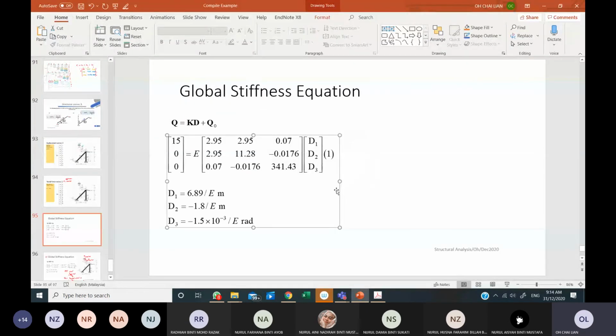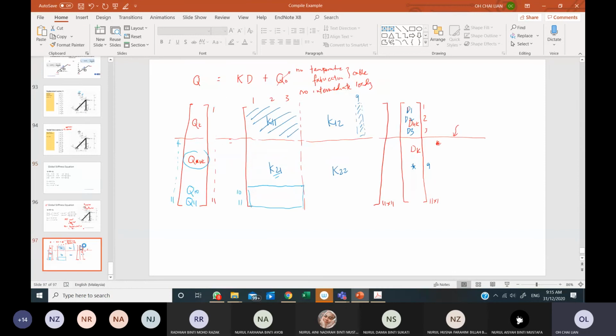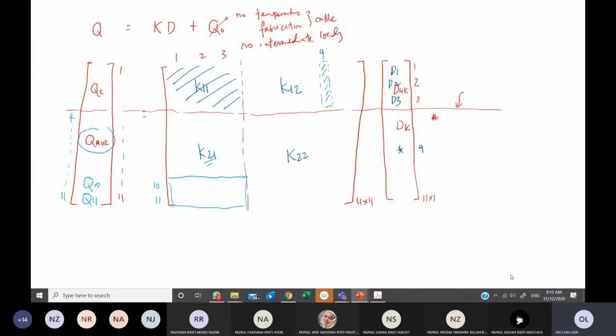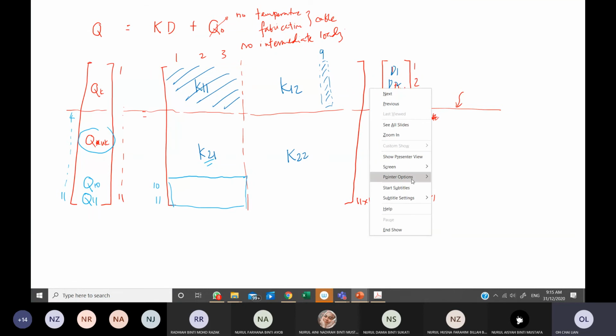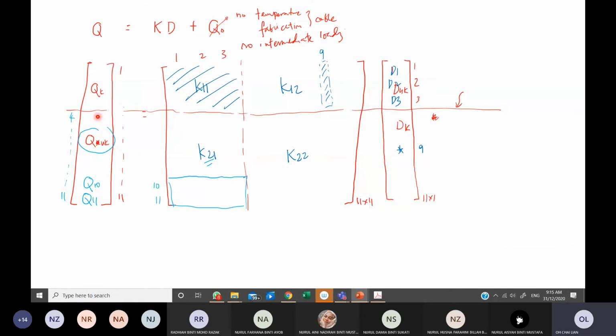So once we have solved for D1 up to D3, we can use these values to solve for our support reactions. I would like to show the sketch here again. The support reactions fall under 4 to 11, meaning Q4 until Q11.